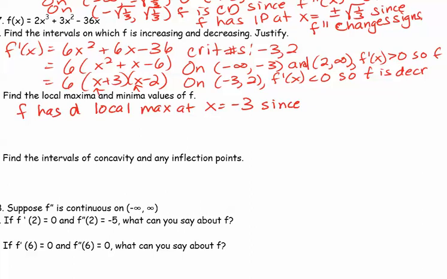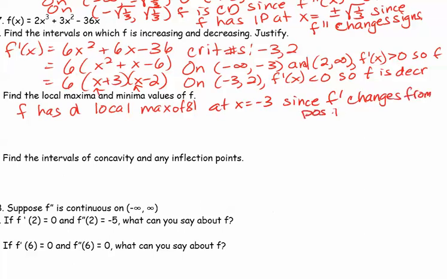And I'm pausing here thinking that perhaps I should remind you that we could actually plug -3 into our original function. So we could say a local max of 81 at x equals -3, since f prime changes from positive to negative, and f has a local minimum at x equals 2.